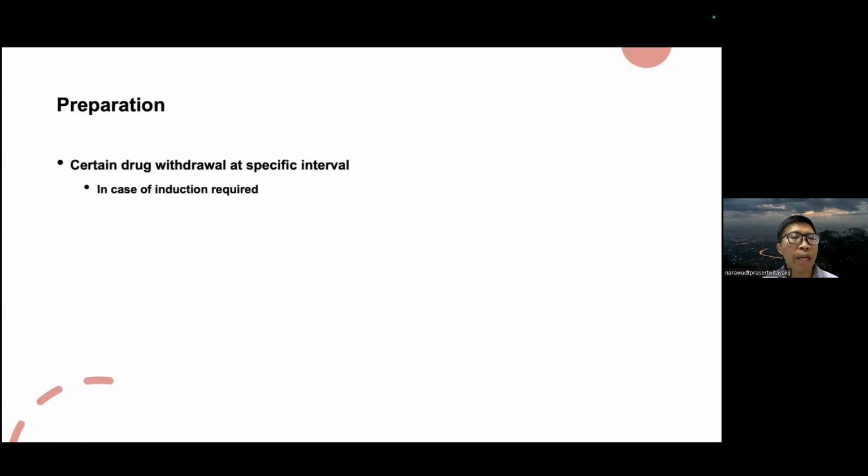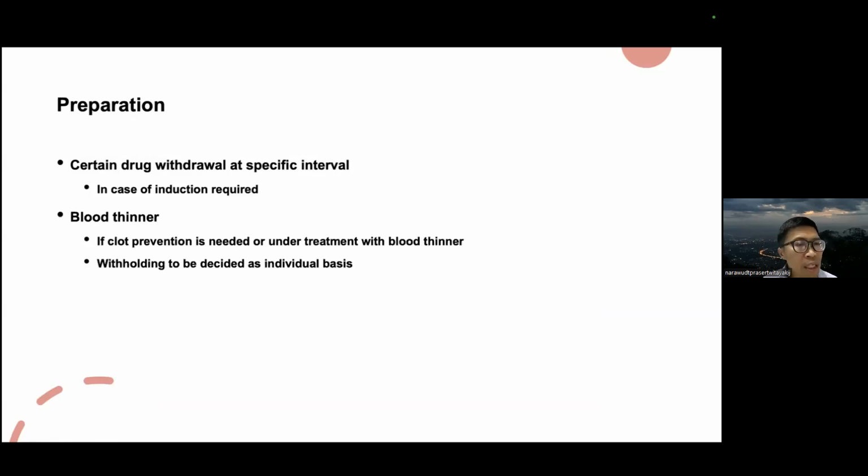With certain preparation, we need certain drug withdrawal at specific time intervals in case we may need an induction of heart rhythm disturbance before treating and to make a precise diagnosis. And certain blood thinners may be withheld in specific patients.